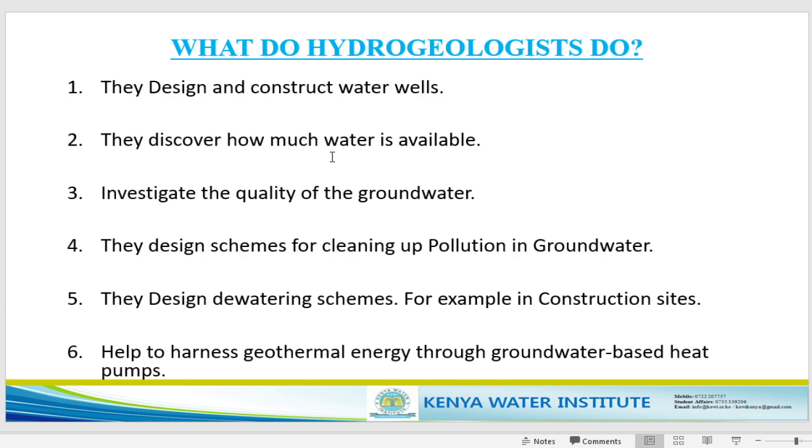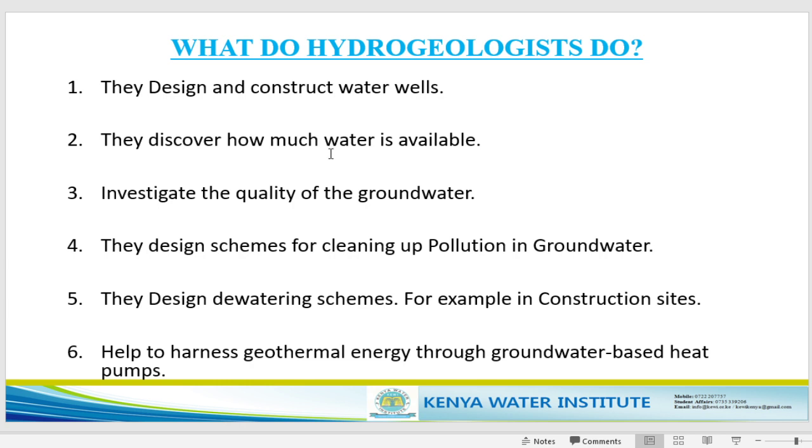So for instance, if the water is meant for human consumption, probably for drinking or for household purposes, the hydrogeologists will have to look at specific qualities of water, being guided by probably the World Health Organization guidelines for drinking water. Or if this water is meant for farming, the hydrogeologist will have to determine the quality of water to ensure it is fit for its intended purpose.